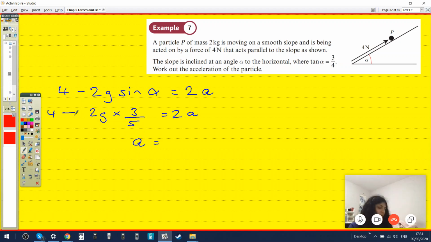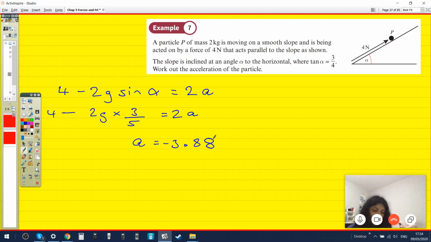My acceleration is coming out as negative, and I don't think it's meant to. It just depends on what way you resolve, I believe. So 4 minus 2g times 3/5 equals 2a. Got a equal to minus 3.88.